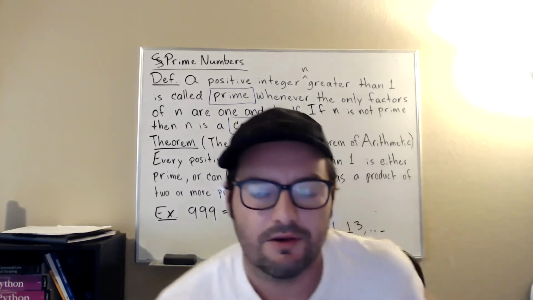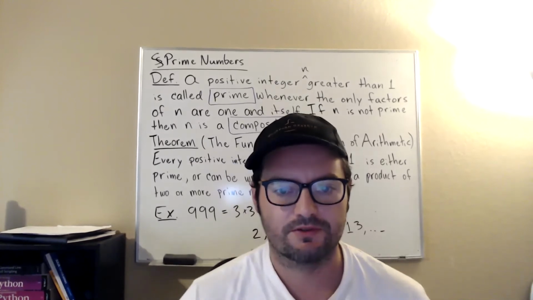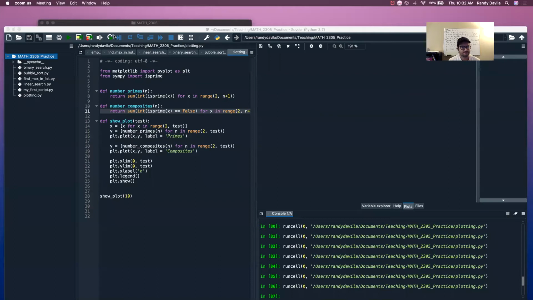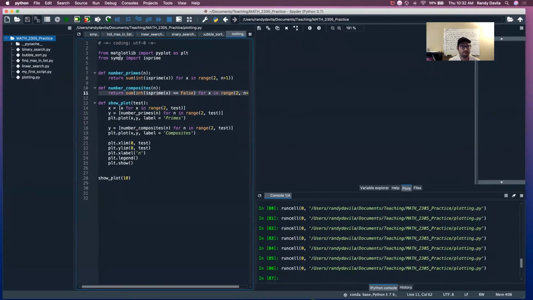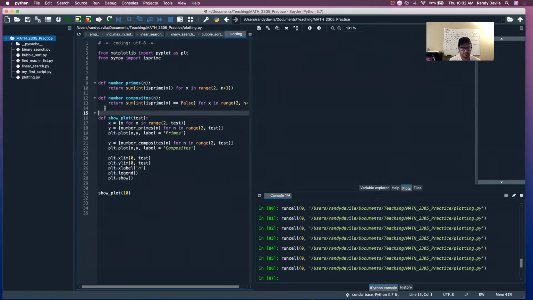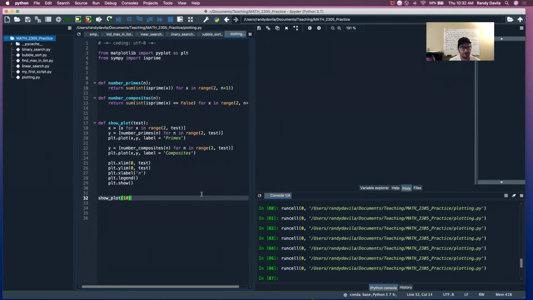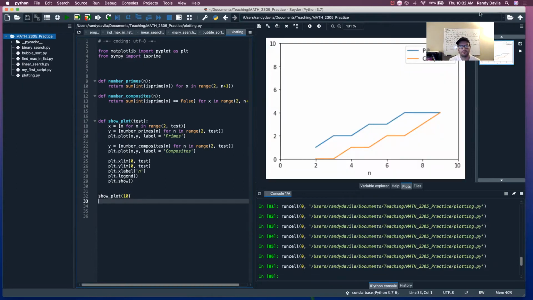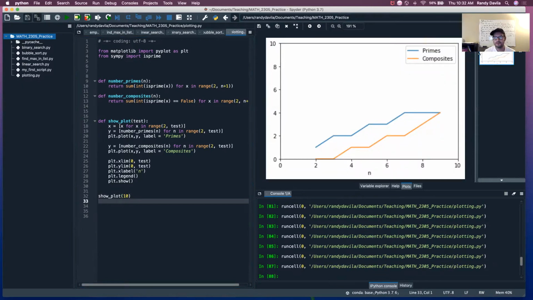So I would like to share my screen with you real fast. I wrote a simple program in Python to show how many primes there are relative to composites. So let's look up to 10. You'll see this plot here.